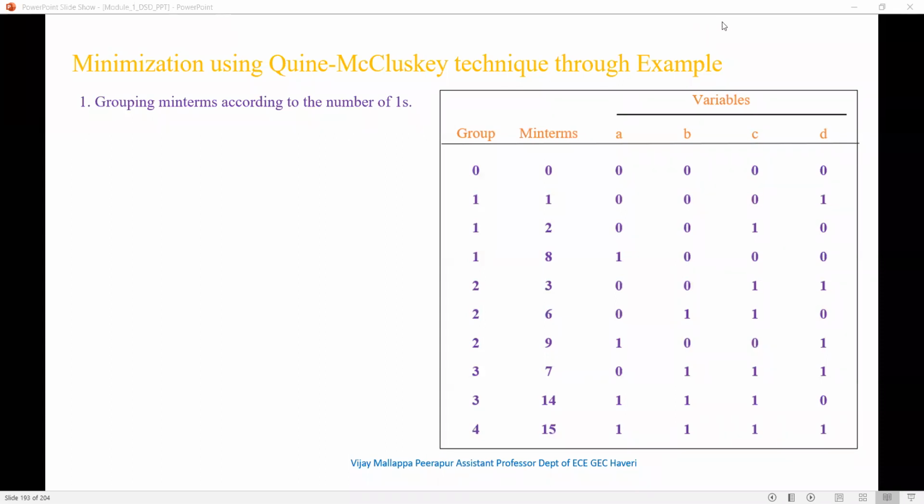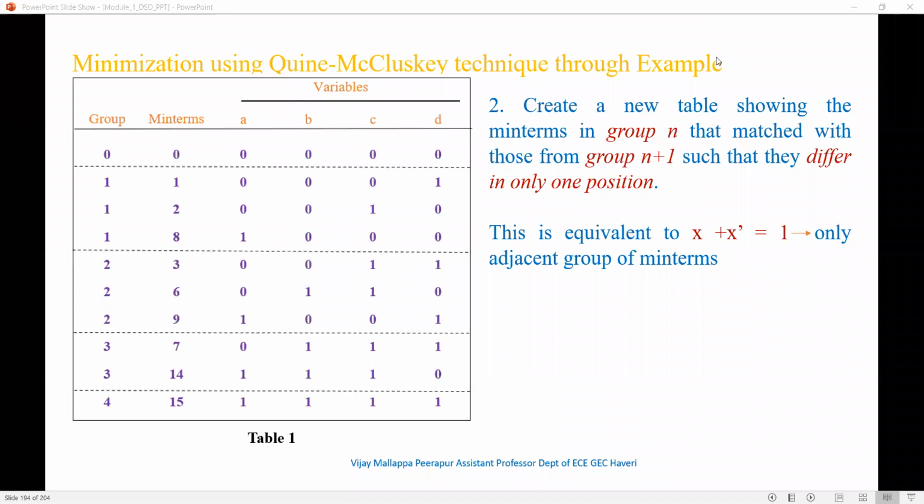Now the next step is to come up with a new table where you compare group n with group n plus 1. When you do the comparison, you make sure that there is only one position difference, in the sense that there is only one variable change. If there is only one variable change, we can eliminate that variable.